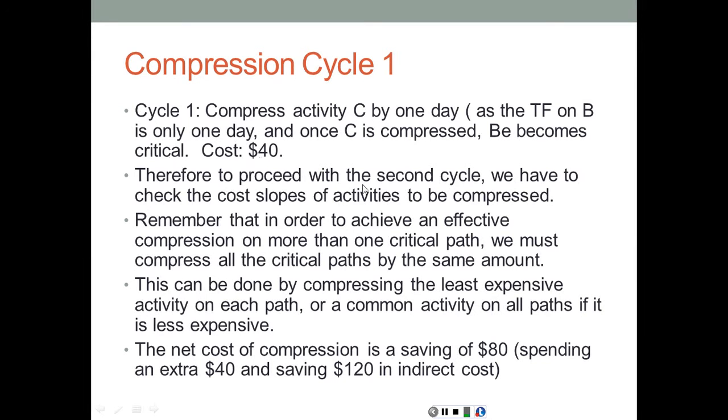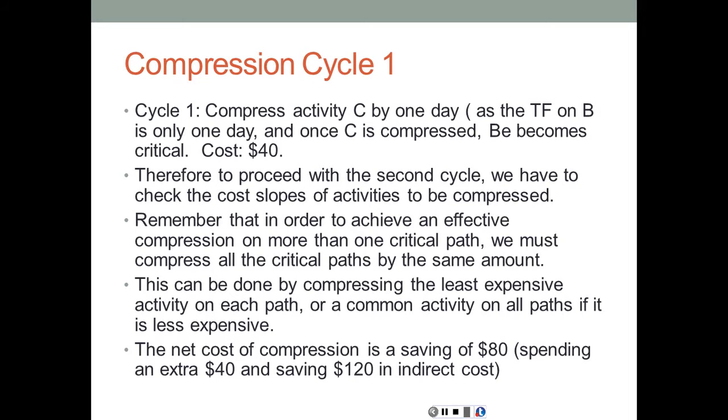Therefore, to proceed with the second cycle, we have to check the cost slopes of activities to be compressed. Remember that in order to achieve an effective compression of more than one critical path, we must compress all critical paths by the same amount. So if we have multiple critical paths that need to be compressed, it's not enough to compress only one of them, because if you compress one and leave the others uncompressed, the others would remain critical, whereas the one that has been compressed is not critical anymore.